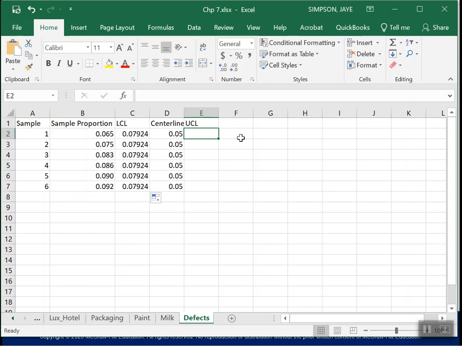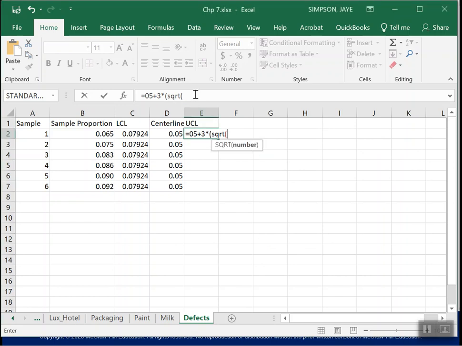So let's go over here and calculate our upper limit as well. So our upper limit is p of 0.05 plus, remember we used minus sign over here, plus 3 times the square root of, let's enter our numerator here.